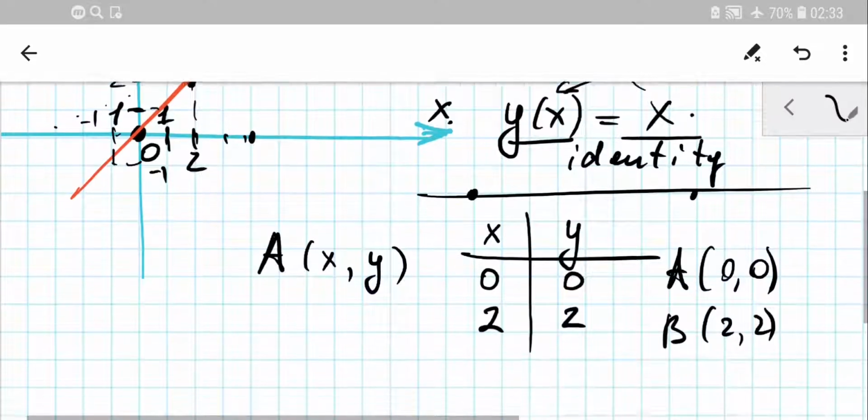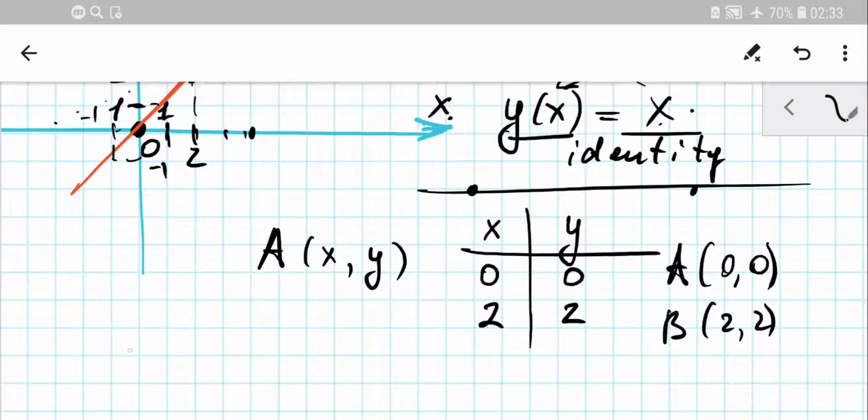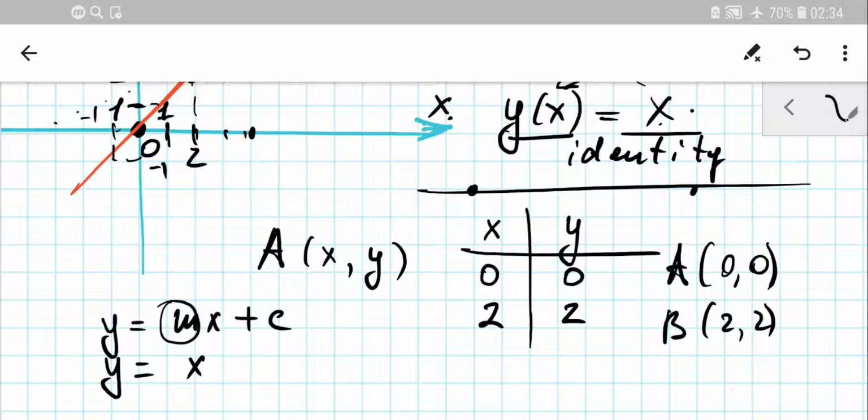In our case, when we consider the straight line y equals x and compare it with the general form, we see that the coefficient before x is actually 1, right? In our case c is 0, so we skip it for a while and focus first of all on the very first coefficient, m. So it's 1 in our case.